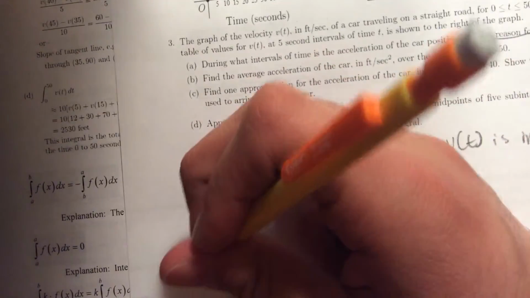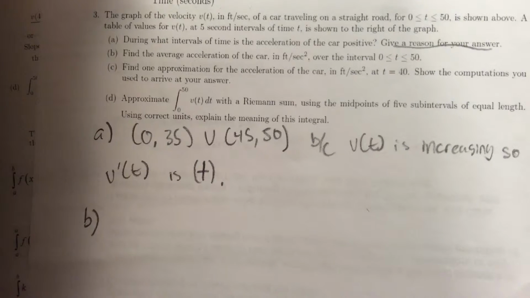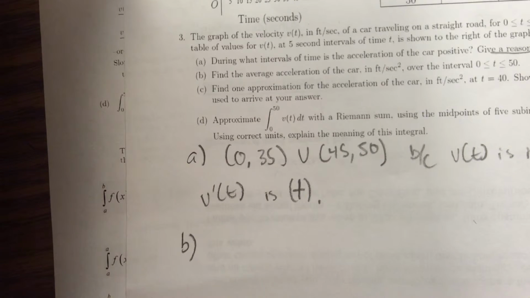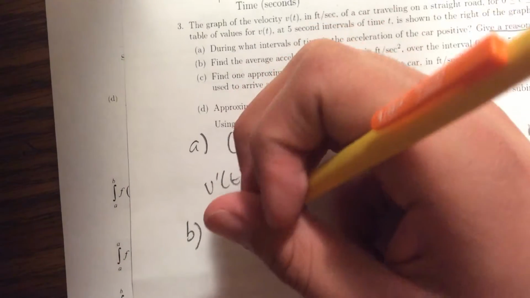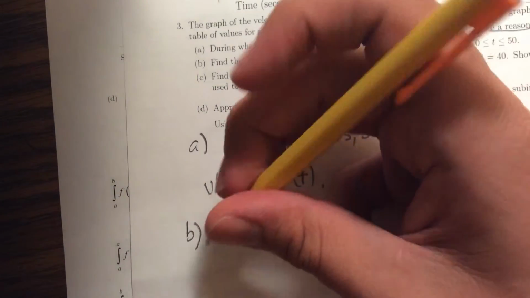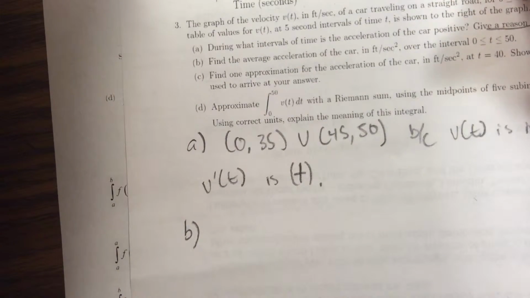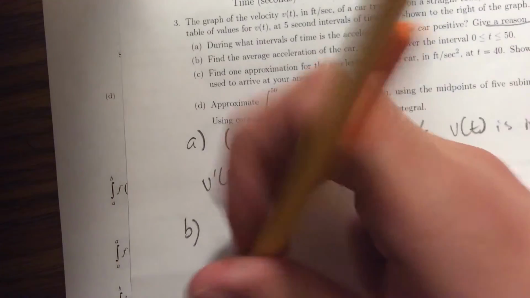And for part B, it says find the average acceleration of the car in feet per second over the interval 0 to 50. And so since we're trying to find acceleration, we're going to use the slope. To find the average slope, we're going to use 50, 0.